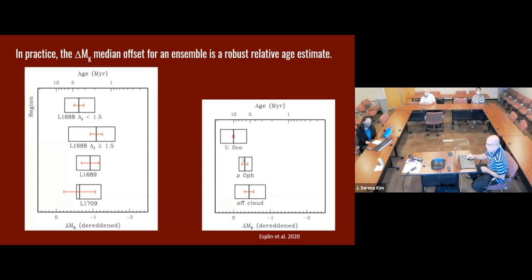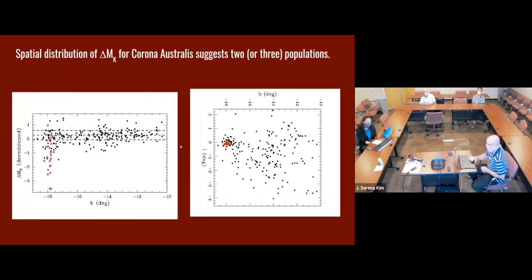So with all those caveats, let's look at the distribution of stars in Corona Australis using that method. Here we have galactic latitude going along the x-axis, and the y-axis is that delta MK statistic that I measured.